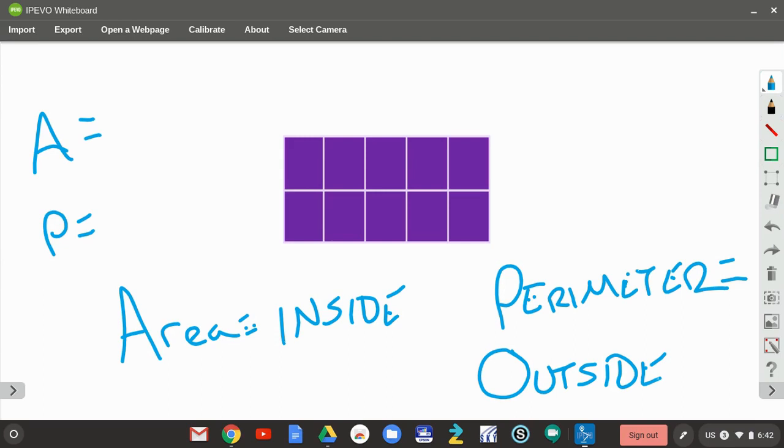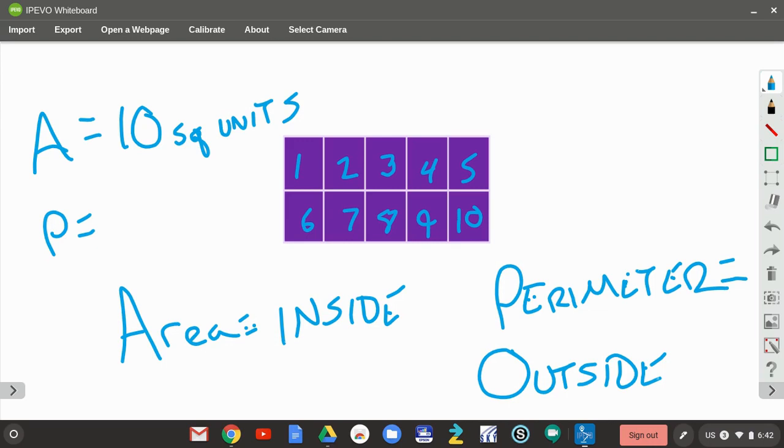We just need to count it. 1, 2, 3, 4, 5, 6, 7, 8, 9, 10. There are 10. This rectangle is made up of 10 square units. So we don't know what the unit is, but the area would be 10 square units. So it's the amount of space on the inside.